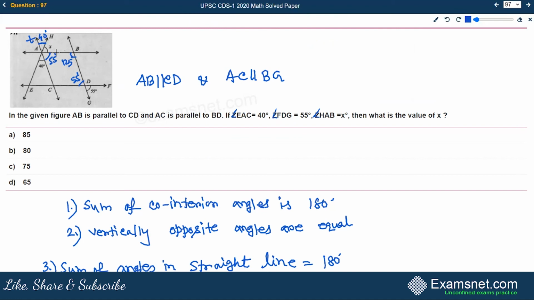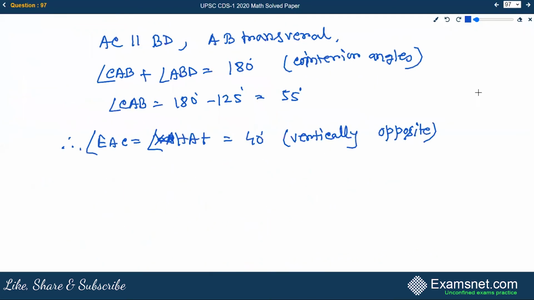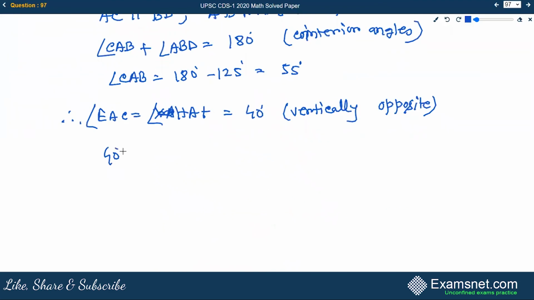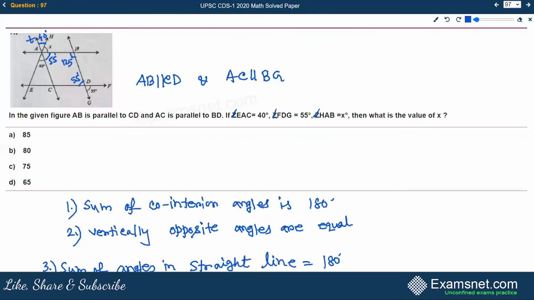Now we can see there is a straight angle, correct? So angles 40 degrees, x and 55 degrees are angles on a straight line.